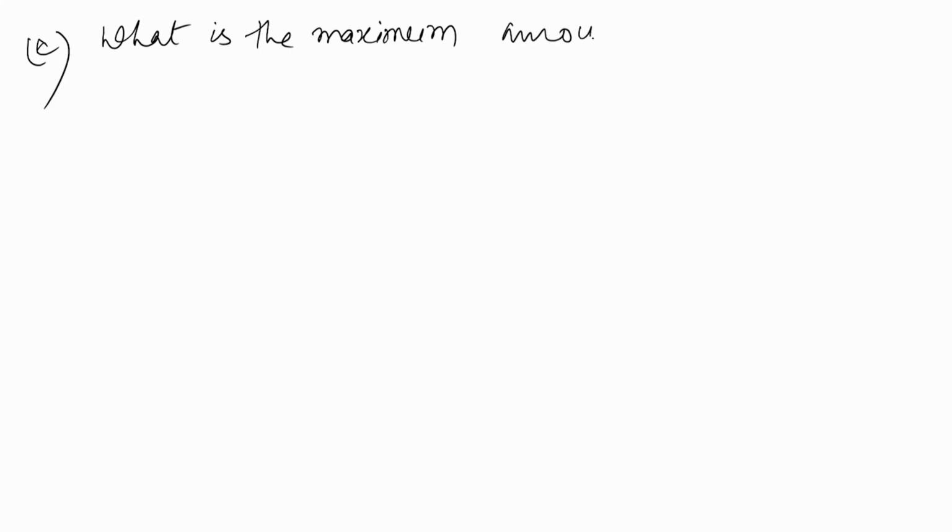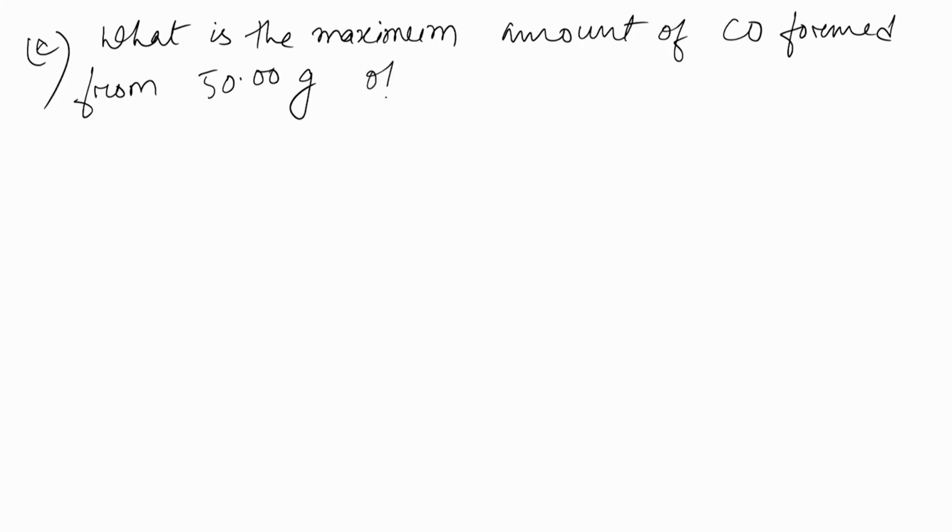Now, there is a third question which says, what is the maximum amount of carbon monoxide formed from 50 grams of carbon and 57.14 grams of oxygen.